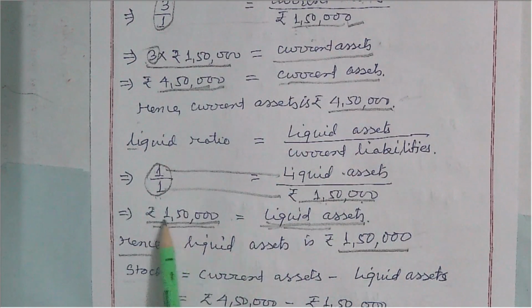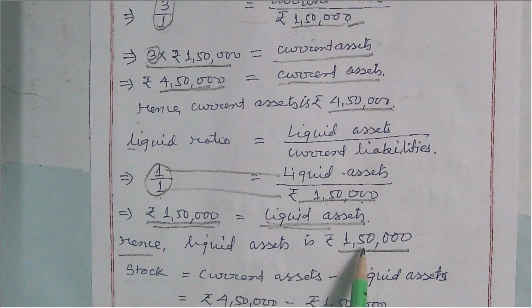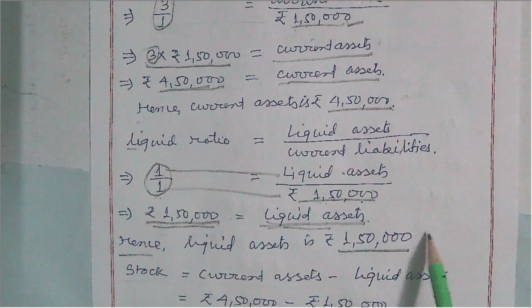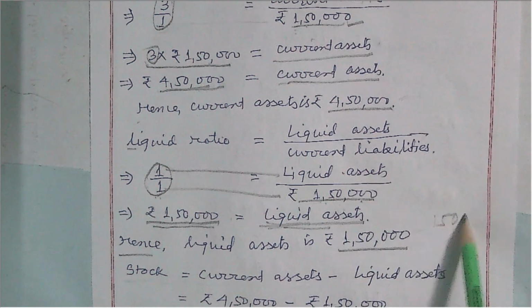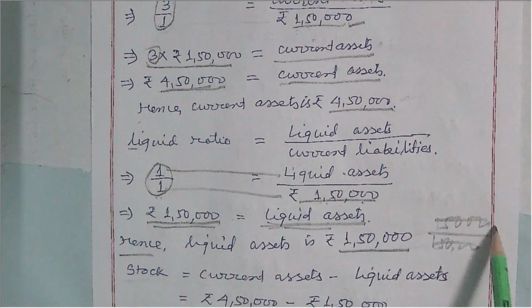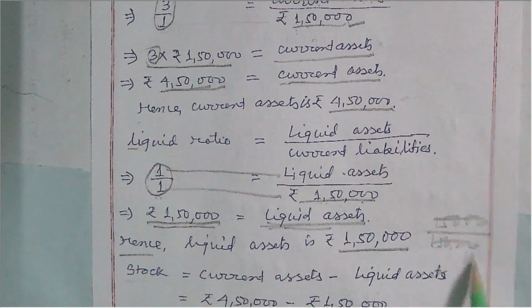Hence 1,50,000 is the liquid assets and 1,50,000 is the current liabilities. When you calculate the ratio, you get 1,50,000 divided by 1,50,000, so this cancels, giving 1:1.